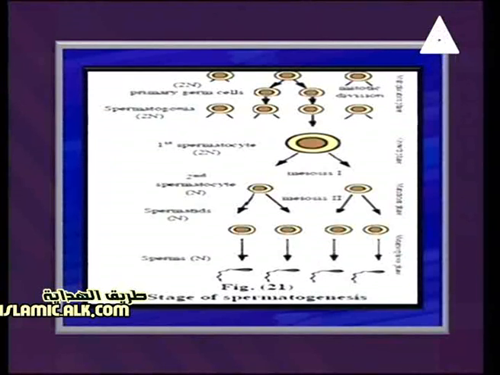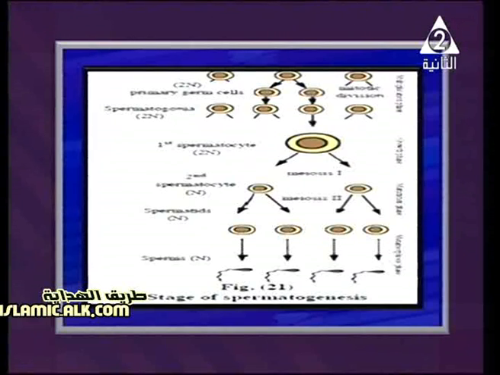We have the primary germ cells, which are 2n. After that, they form spermatogonia, 2n. After the first mitotic division, we have the primary spermatocyte, 2n. After that, the primary spermatocyte converts into secondary spermatocytes, each of which carries half of the genetic material. This is meiosis 1. What else? The secondary spermatocyte undergoes meiosis 2 to give us spermatids.